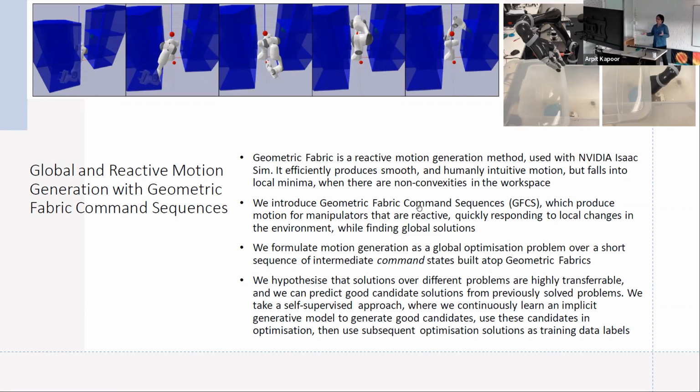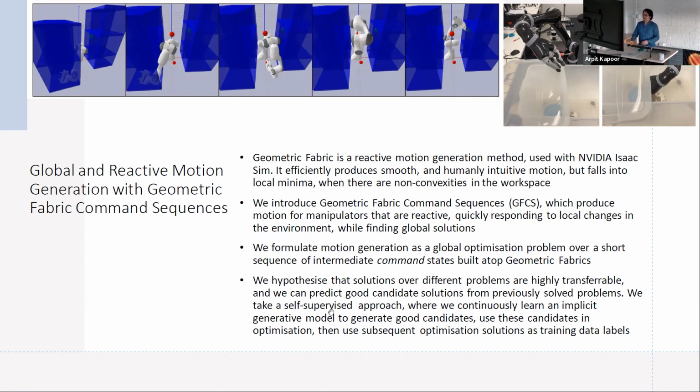So we introduced this geometric fabric command sequence method, which produces motion for manipulators, and this provides reactive motion. So it can quickly respond to local changes in the environment, while also being able to escape from local minima and get global solutions. Basically, how it's done is we sequence up these geometric fabrics and run global optimization over them.